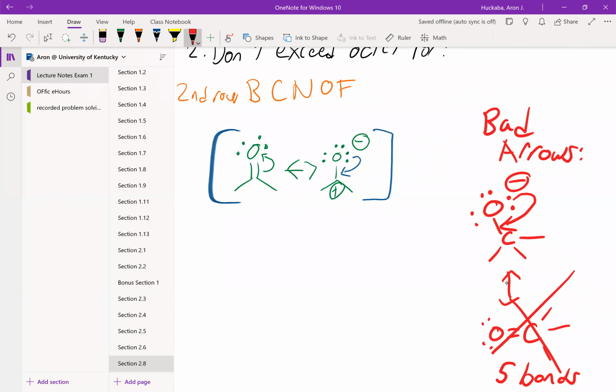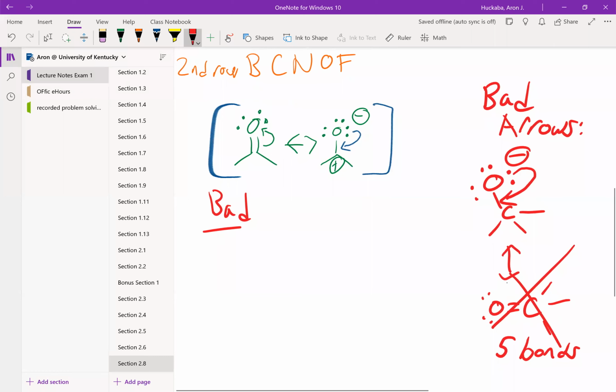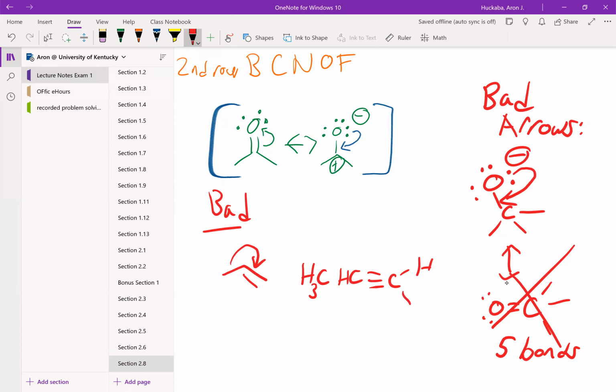Another example of a bad arrow is to, let's say we have this double bond, and we now break the double bond to make 2 very bad structures.